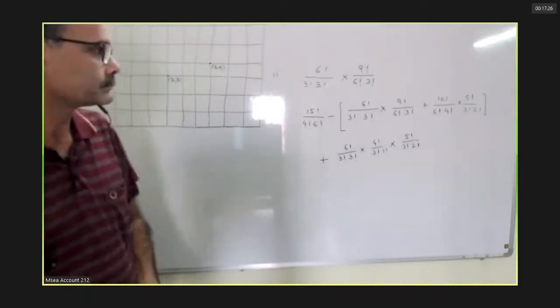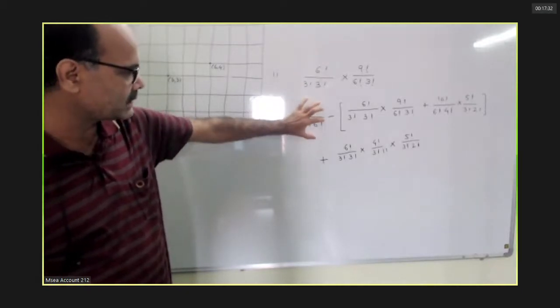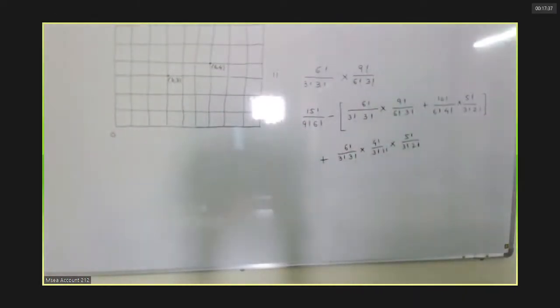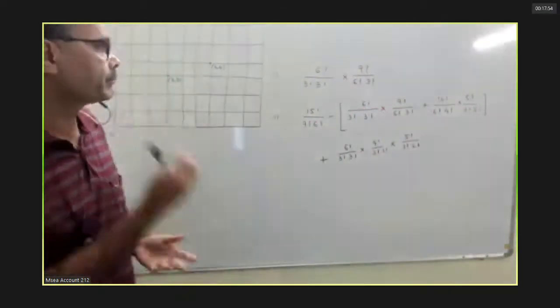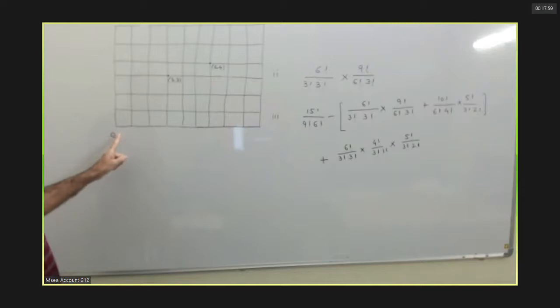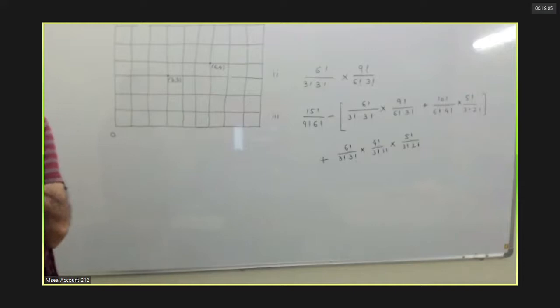Have you written it? These are total number of paths without any restrictions from origin to reach 9,6, satisfying the given condition.